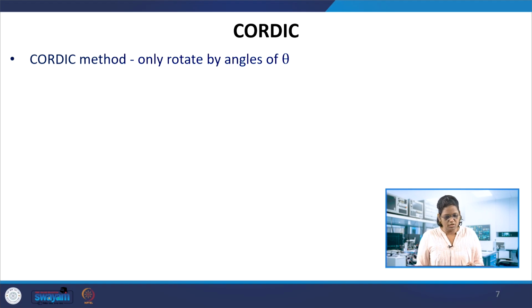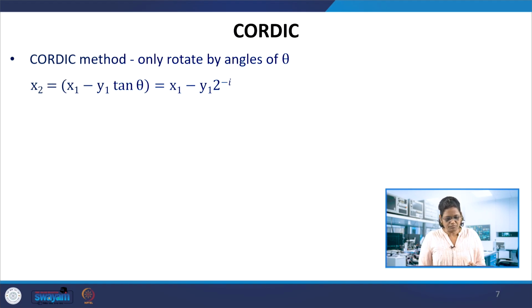Now coming to the rotations in terms of the angle theta, the theta angle needs to be controlled. So how do we control theta in the rotation? We had x2 equal to x1 minus y1 tan theta after dropping cos theta.